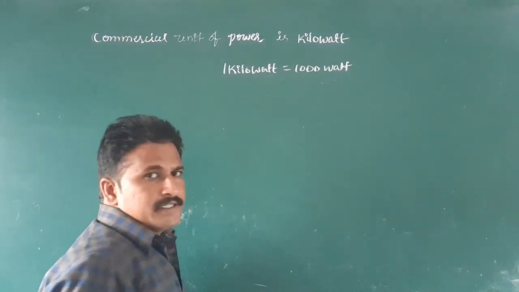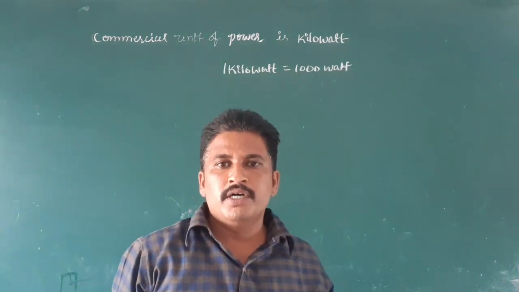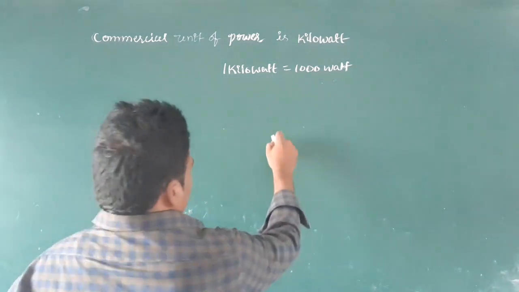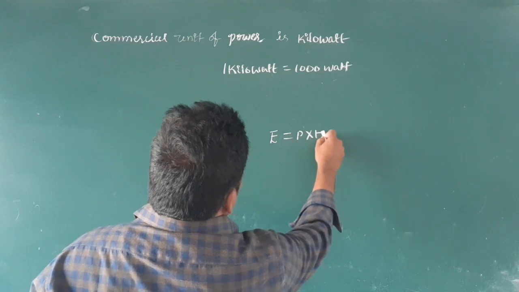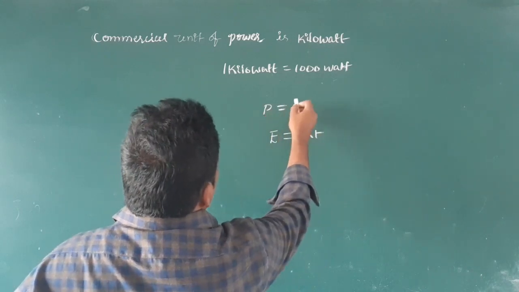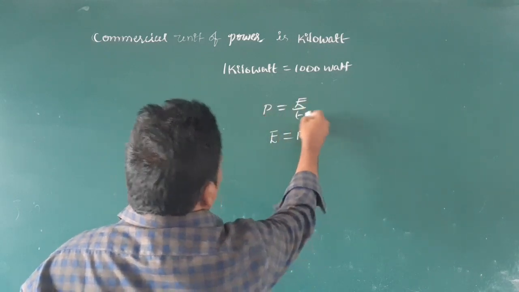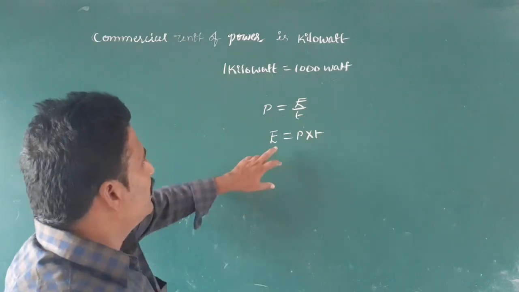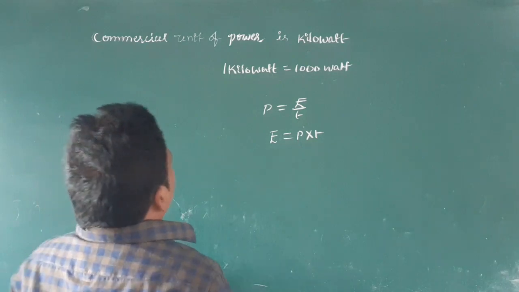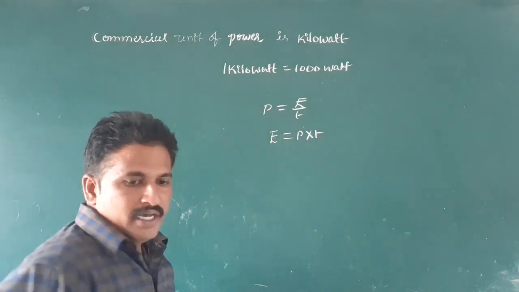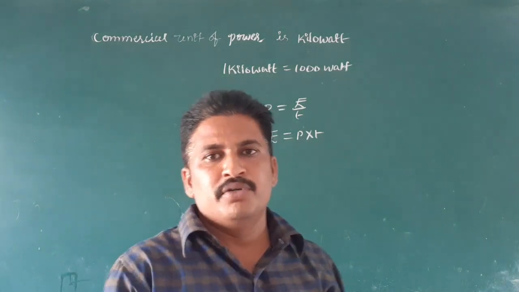Similar to that, students, the commercial unit of energy. We already know that power is equal to energy by time, or work done by time. From this, energy is equal to power into time, students. Here we can write the commercial or practical unit of energy.